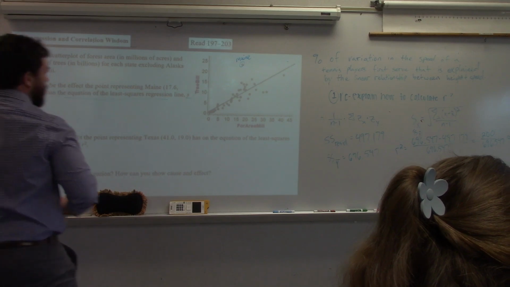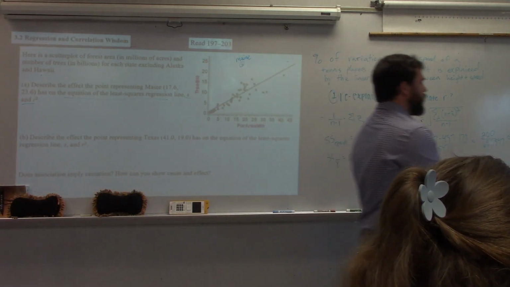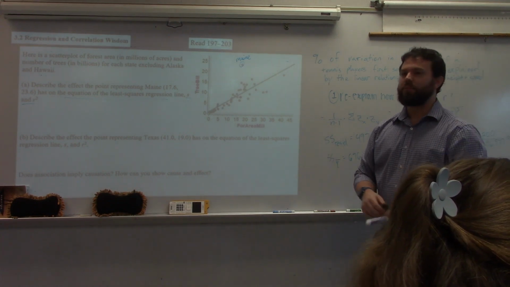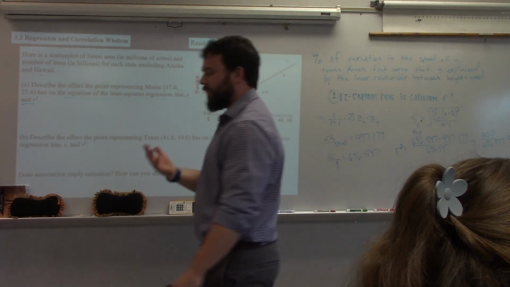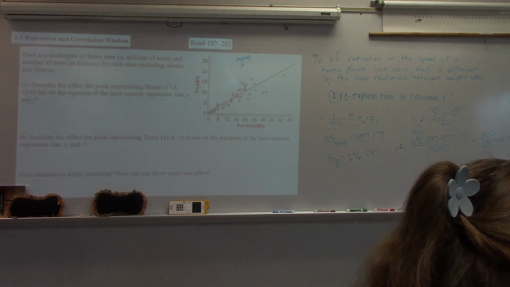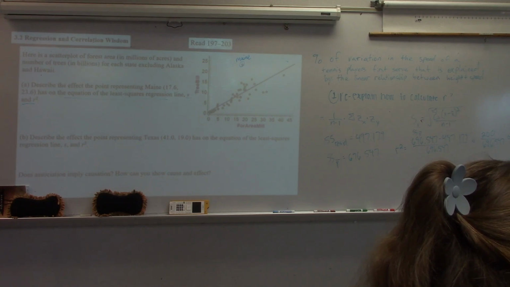So let's talk about a couple of things. One thing I should have mentioned, and this is going to help with explaining if it's going to change the equation or if it's an influential observation, is to ask yourself this: if I take that point away, would it heavily change the equation?